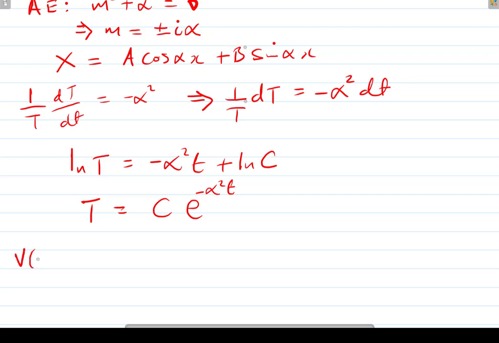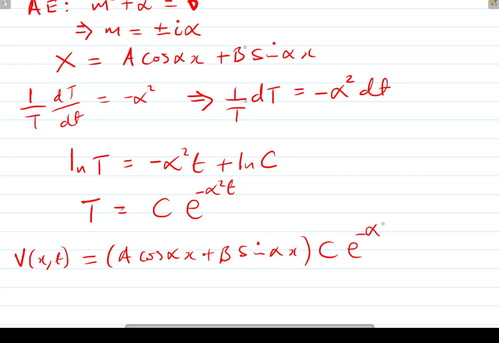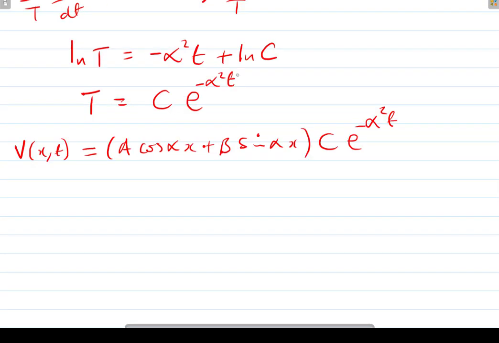So v of x comma t is equal to (A cos alpha x plus B sin alpha x) times C e power negative alpha squared t. Okay. Are we done? No, not yet.